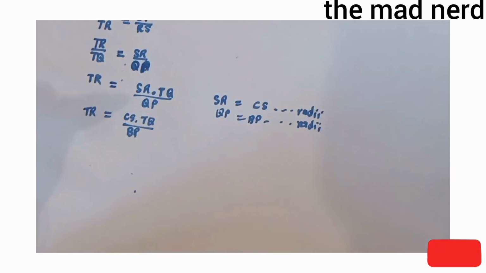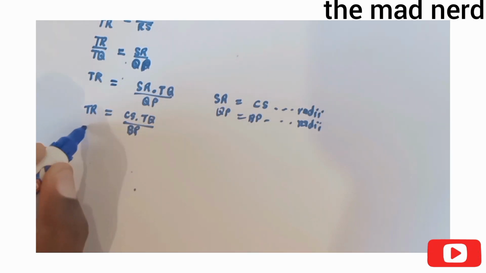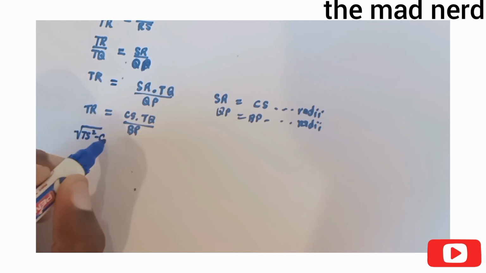So now let's do so. In place of TR, we say root of TS squared minus CS squared.